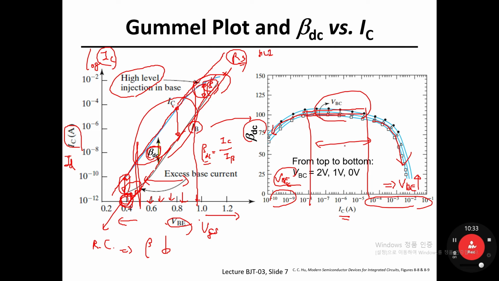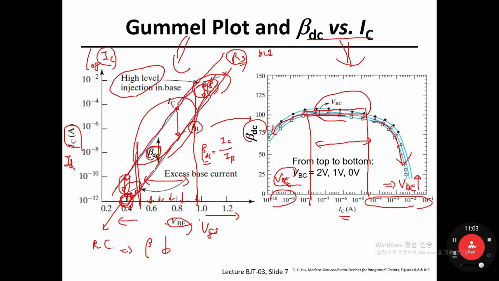Okay, so in that sense, this gamma plot and beta DC versus I sub C are critical. On the left hand side you can see the gamma plot, and on the right hand side you can see the beta versus IC. So if you draw the gamma plot for your BJT, then at a first glance you can catch what would be happening in your BJT device.